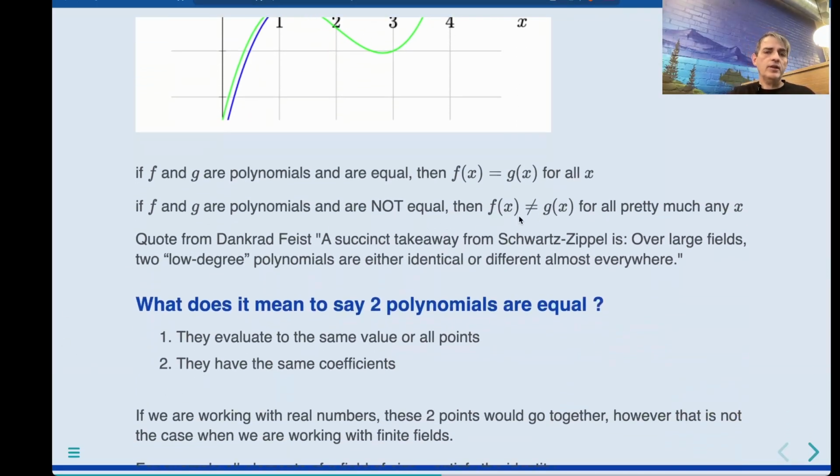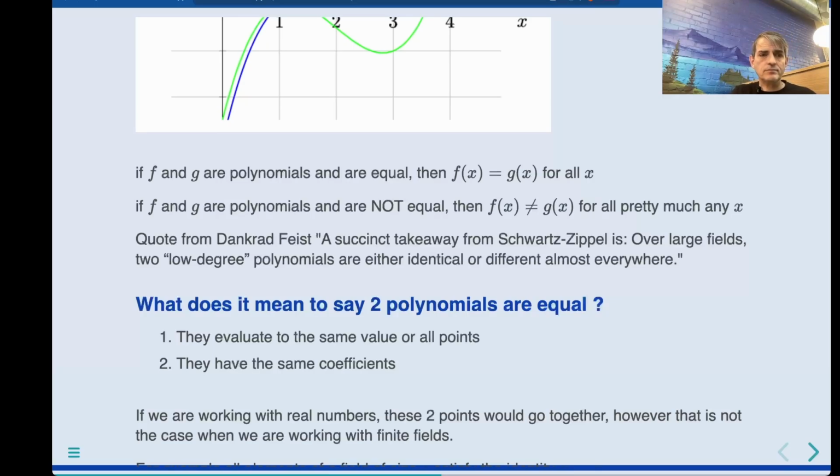So this is really expressed here. We're saying here are polynomials I'm representing by two functions, f of x and g of x. If they're different, then pretty much any x value that you plug into one of these polynomials is going to give you a different result. So this gives us a nice, easy way to check, because it's very unlikely we're going to pick a value of x where they do in fact come to the same evaluation.